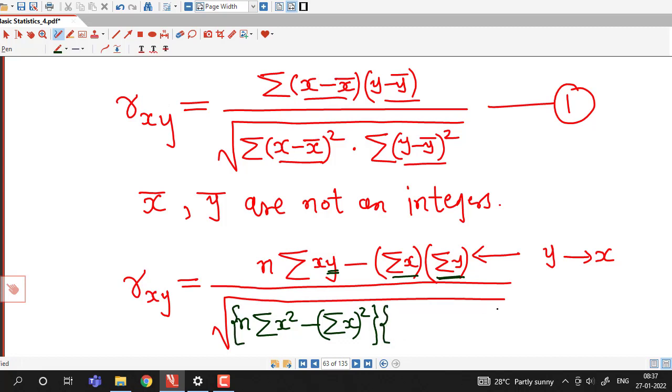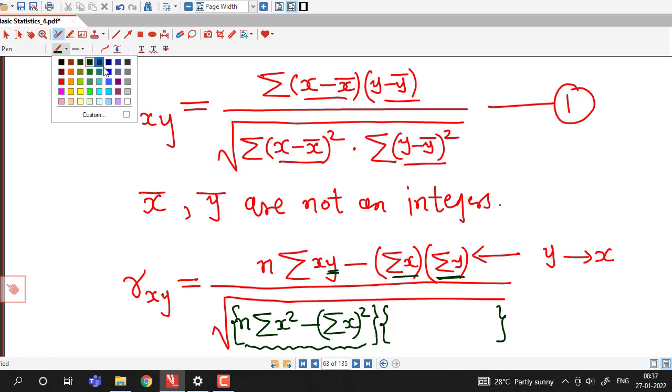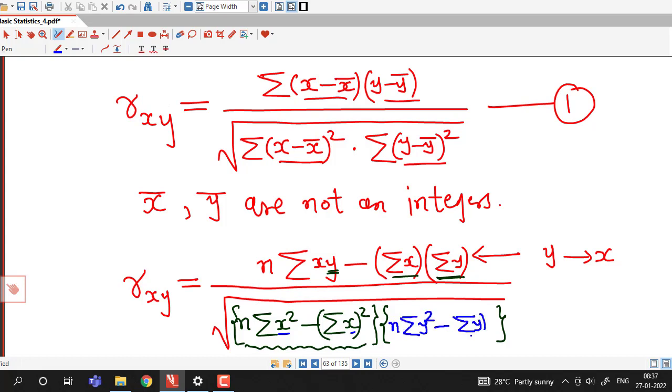Another term can be obtained by replacing x by y in this term. So that is n times sigma y square minus square of sigma y. So this is the alternate formula for coefficient of correlation, and it is not hard to remember.